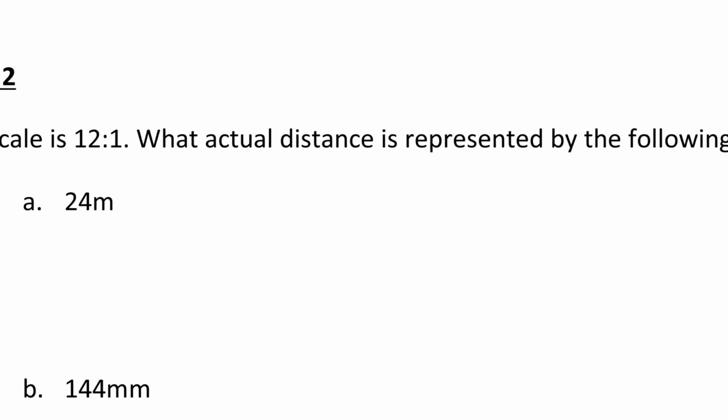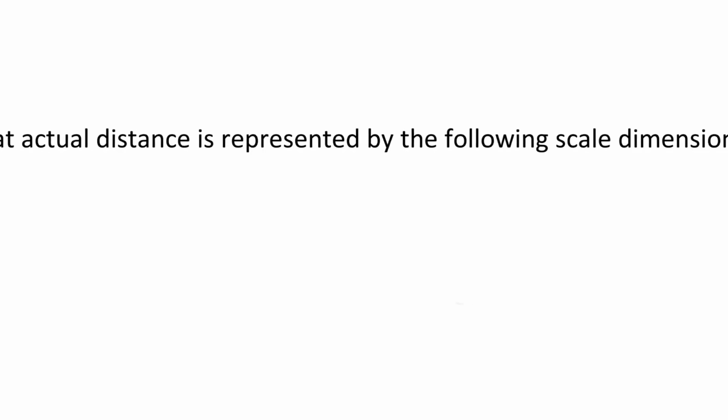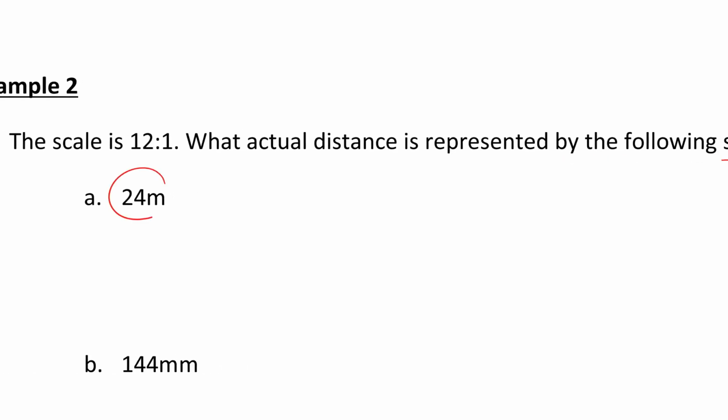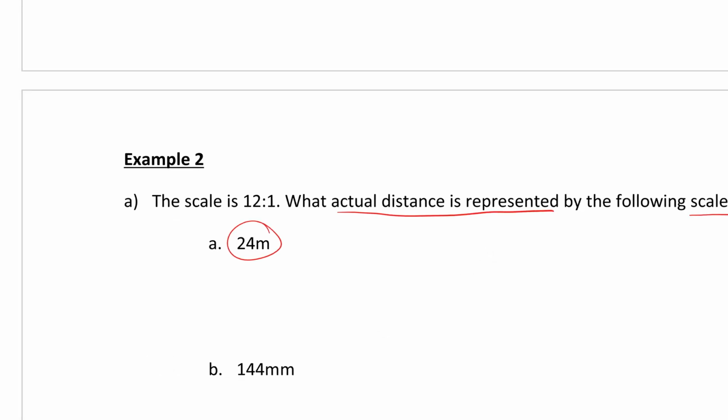What actual distance is represented by the following scale dimension? So they're giving you the scale dimension, 24, and we want to figure out what the actual is. So that's going to be your original. And if we follow that, we have scale on top and original on the bottom, we can calculate for this.